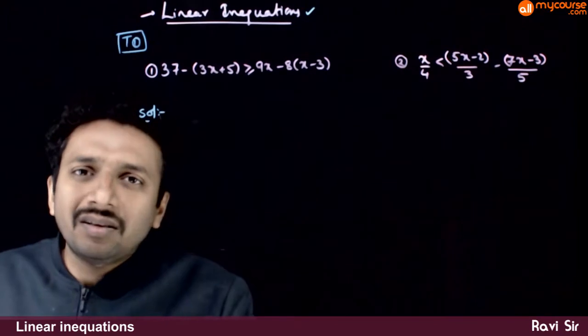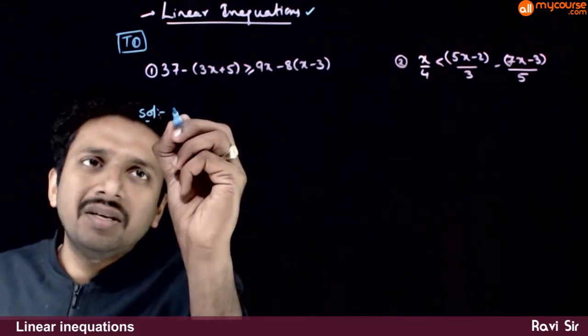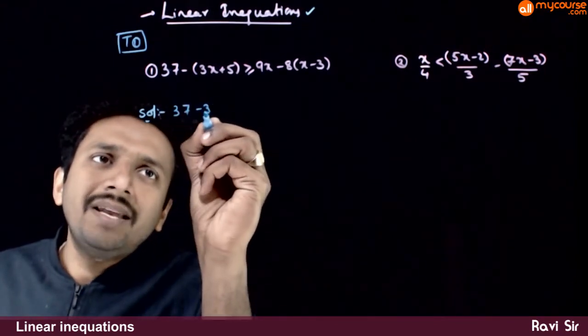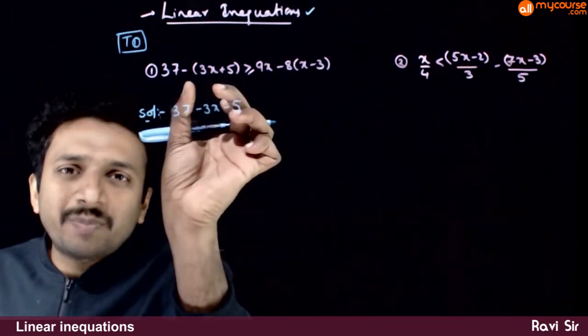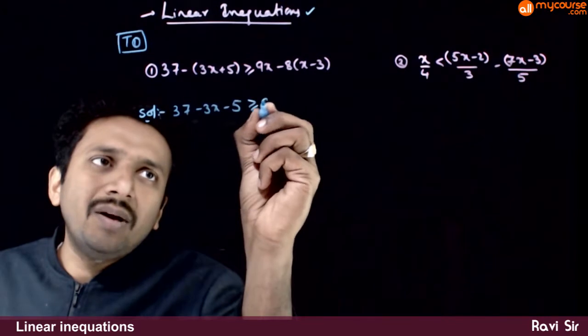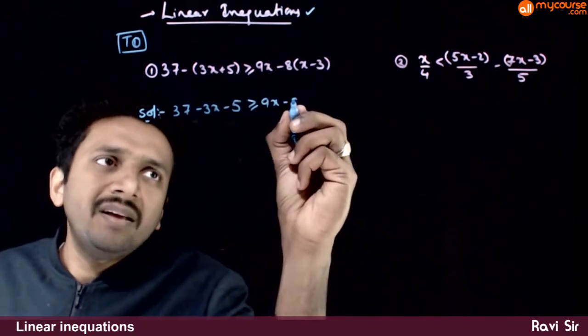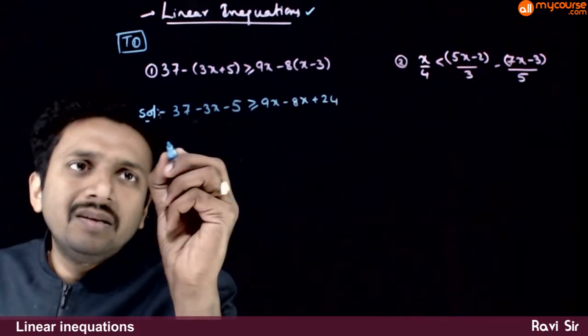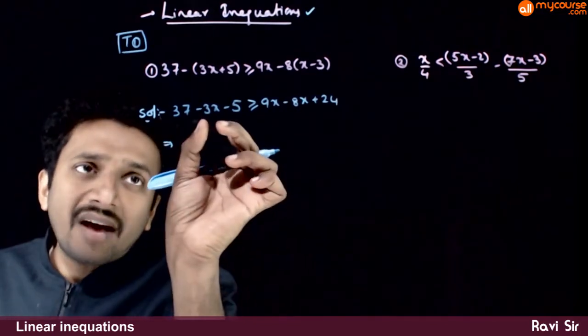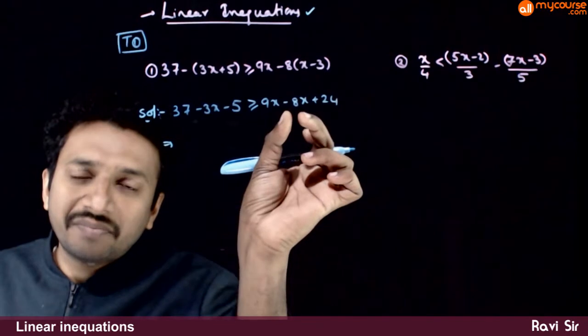We just separate the variables and constants. 37 minus 3x minus 5, I am expanding the bracket, is greater than or equal to 9x minus 8x plus 24. So you have 3x here, 9x here, 8x here.